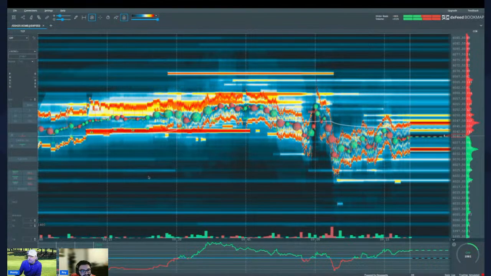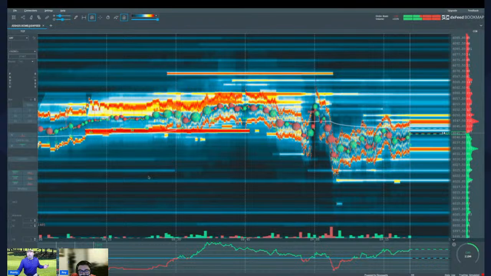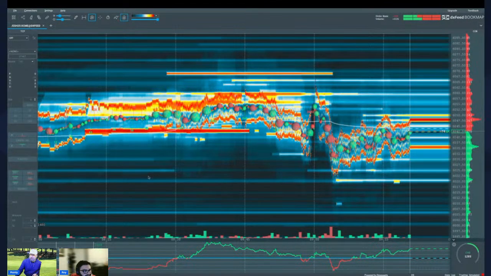IWM wanted to drop, then it popped back up to 228.30. That's not good for our play here. Whoa, I don't know what I just did there. I just did something, and it looks weird now. There we go. Okay.